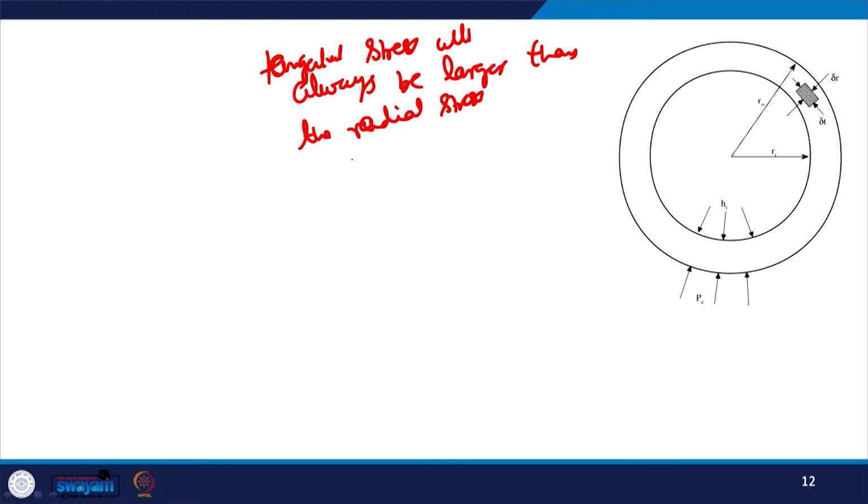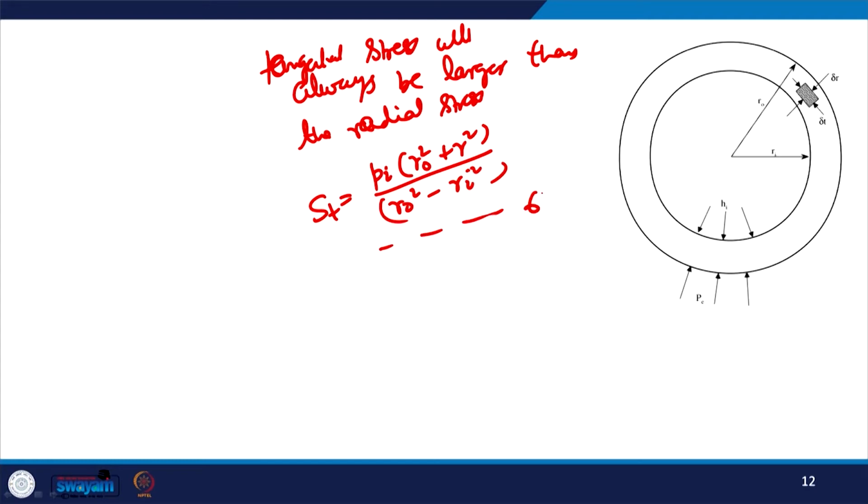So when the pipe is subjected only to internal pressure, the previous equation becomes ST is equal to Pi, Ro square plus R square, upon Ro square minus Ri square, and that is equation number 6.